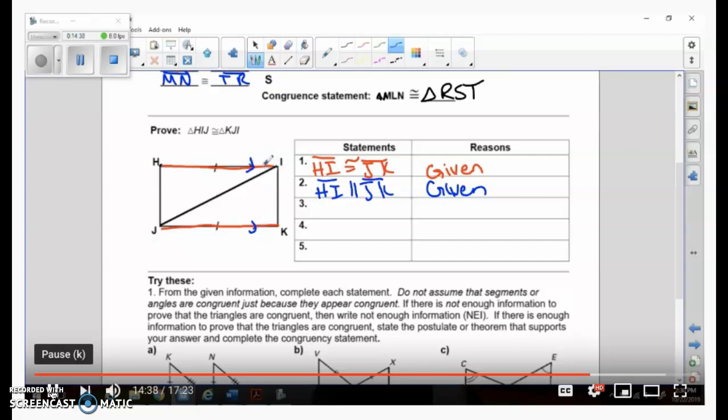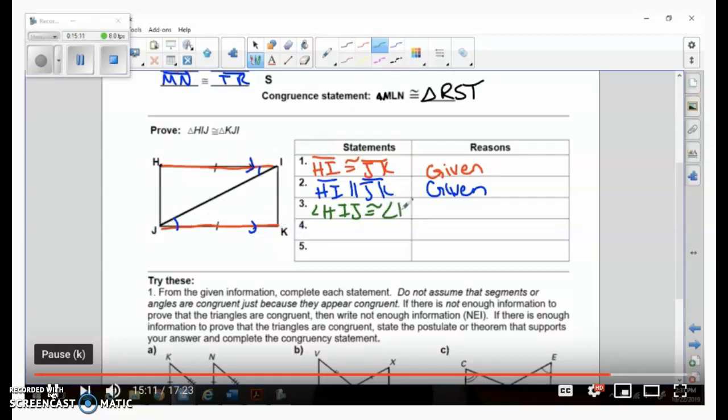Okay, let's see if we can think of something else. All right, let's take a look at our angles. So we have angle I and angle J. And what's those relationships if they are parallel? Well, those should actually be alternate interior angles. So when we name our angle, we're going to make sure that we use 3 points because there are multiple different angle I's that we could use.